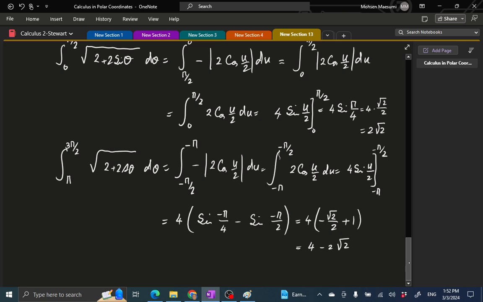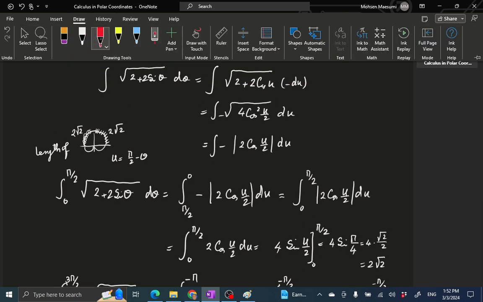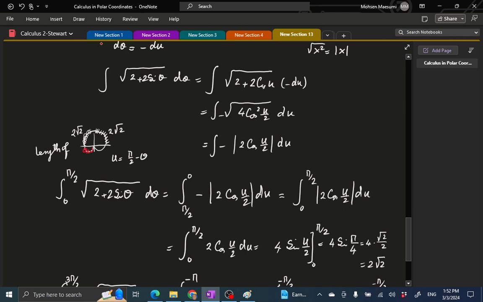So what we learned here is that, let me color this thing differently, this piece is going to be 4 minus 2 radical 2. This is going to be, of course, the same.